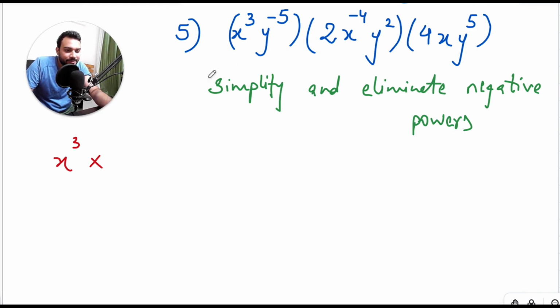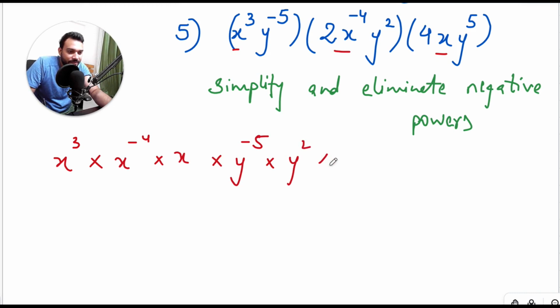So I'm rearranging terms at my will. x cubed times x raised power negative 4 times x. This one, and this one. Next, y raised power negative 5 times y squared from the second parentheses times y raised power 5 from the third one. And then the constants, 2 times 4.